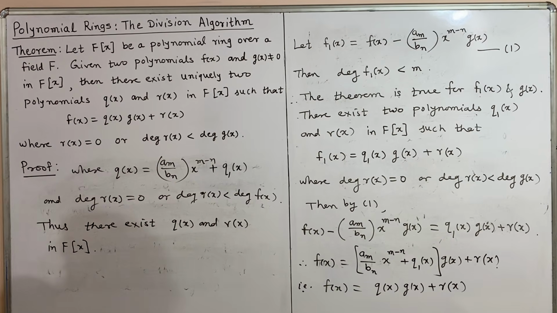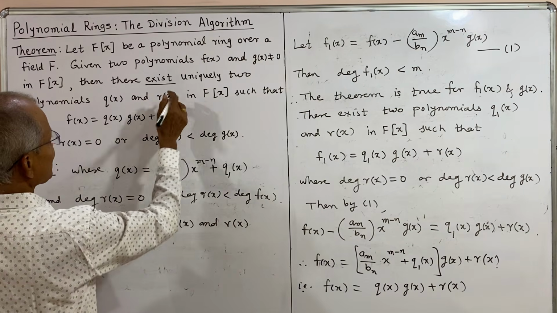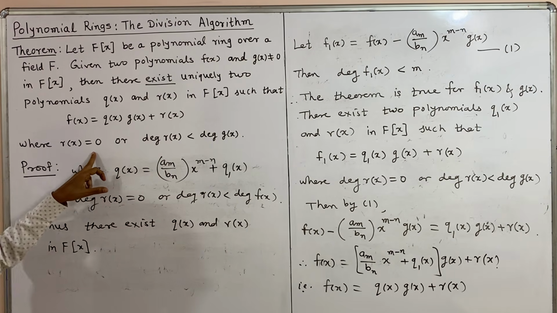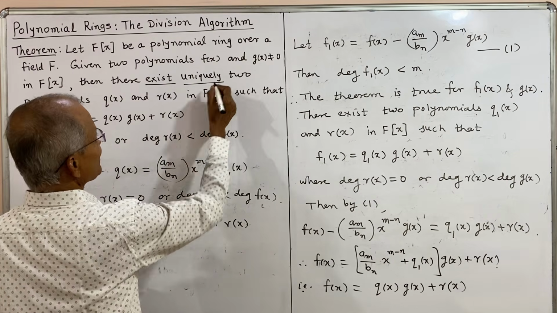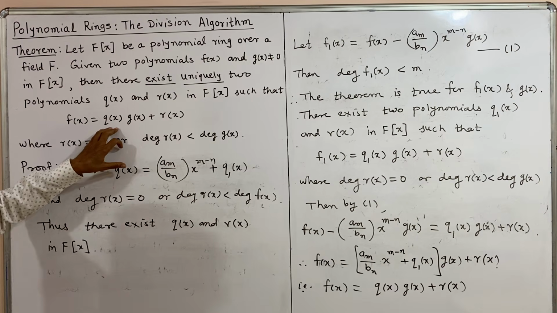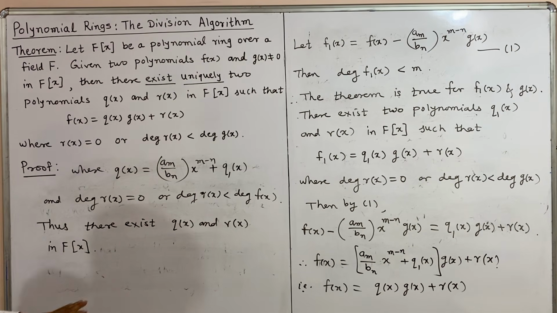So this proves the first part, that is existence. What we have proved is that there exist two polynomials q(x) and r(x) satisfying this equation and this condition on r(x). Now what remains to prove is the uniqueness. These two polynomials, generally known as quotient and remainder, are unique, and that we shall now prove.